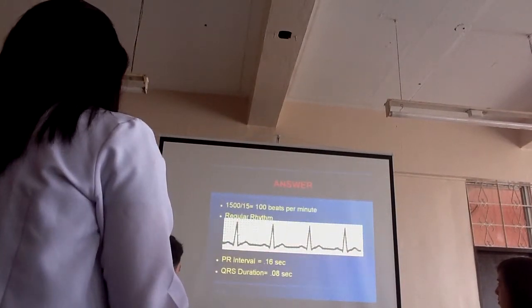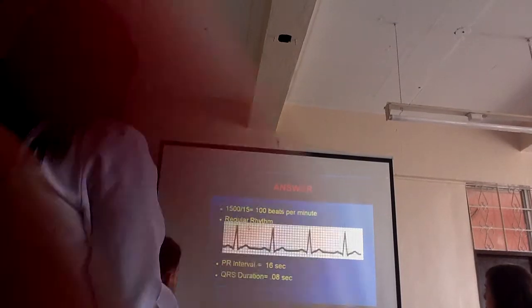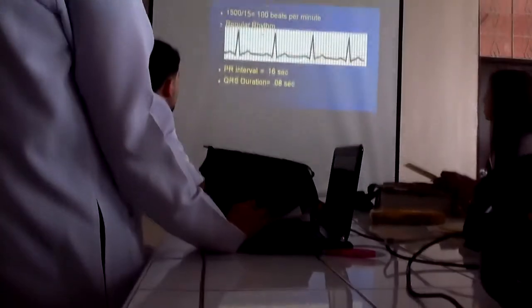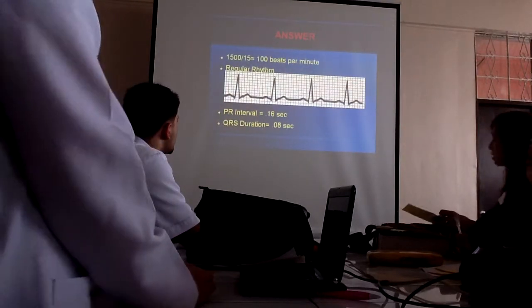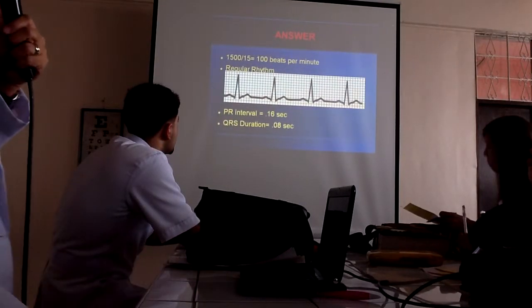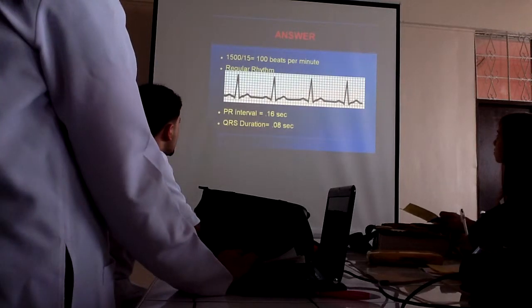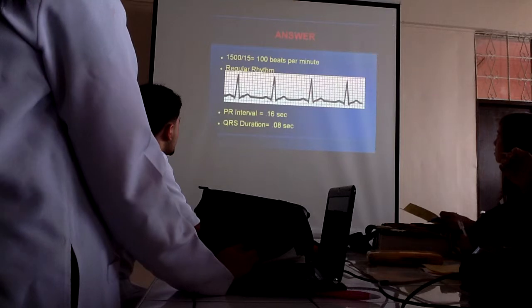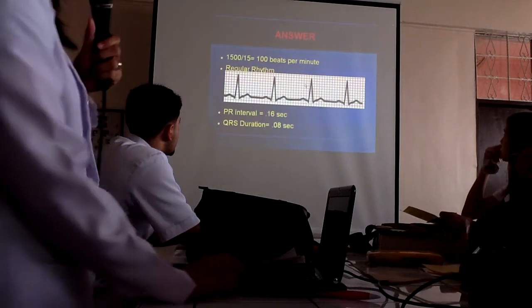Using your square method, 1, 2, 3, 4, 5, 6, 7, 8, 9, 10, 11, 12, 13, 14, 15. Okay? So 1,500 divided by 15 is 100. Your pattern is regular. If you put a piece of paper, mark this, and then transfer that paper here, the interval between your R and your R will be the same.